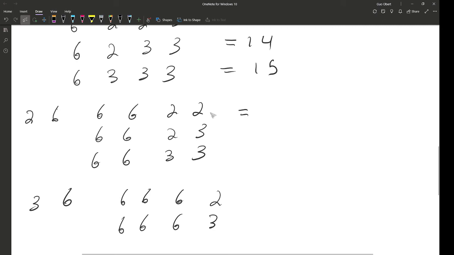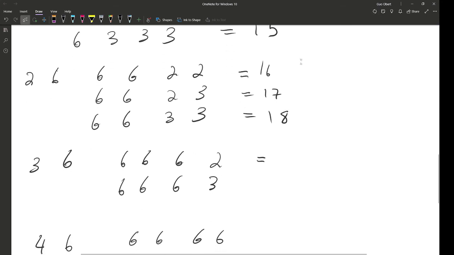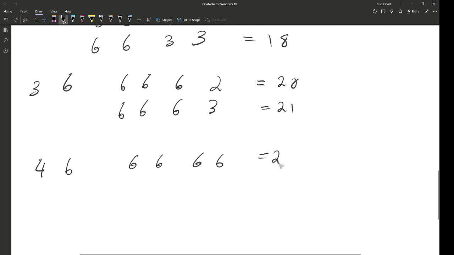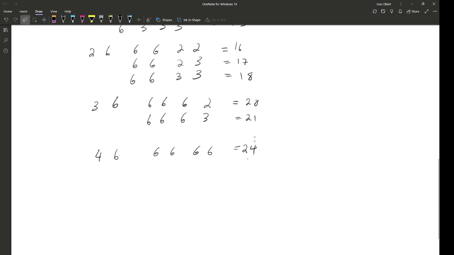And then this one, that's going to be 16, 17, and 18. And then this one's going to be 20, 21, and 24.